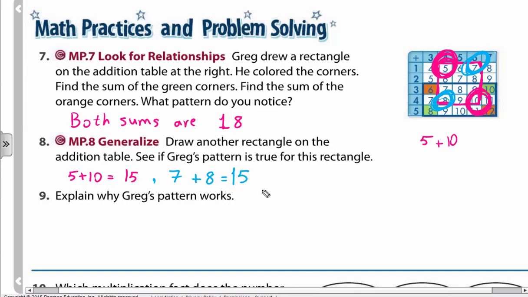And now my hero, the Greek's pattern says that the sum of the numbers in the corners will be the same for any rectangle that we draw. Is it true now? You have the same sum? Yes. Okay, so his pattern is true, right? Yes. Okay, thank you, my hero. Great work.